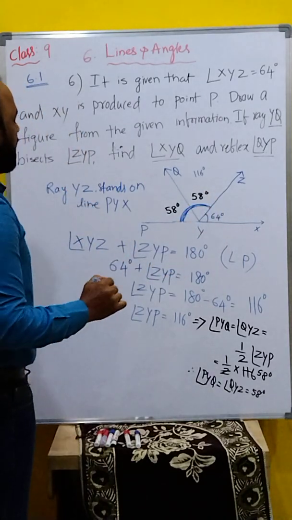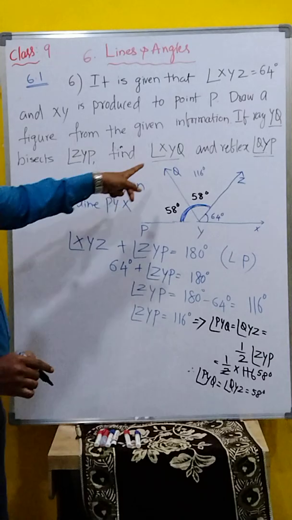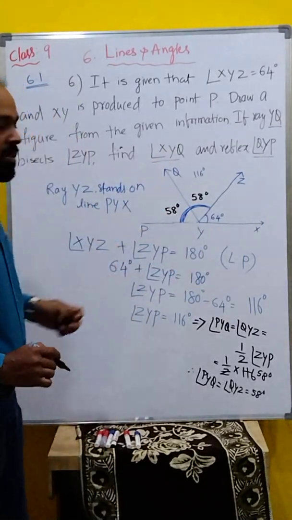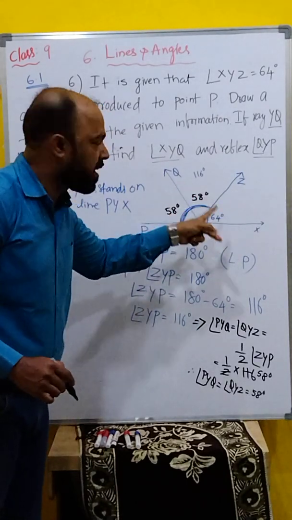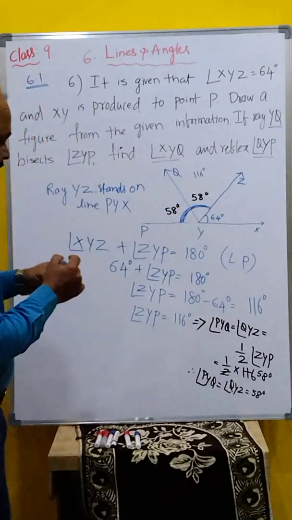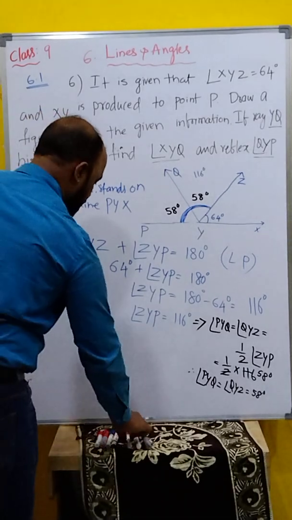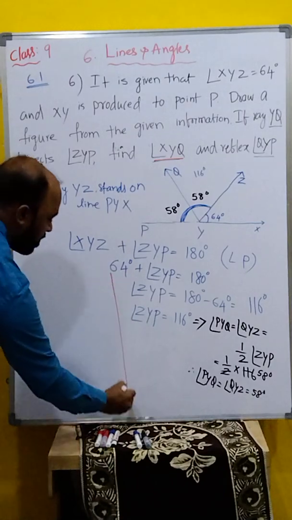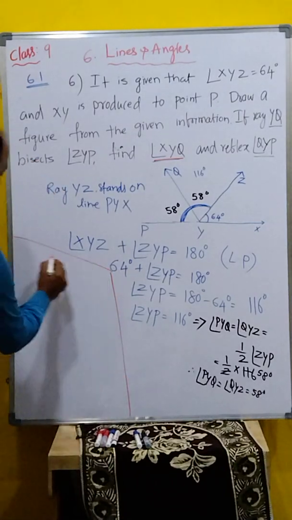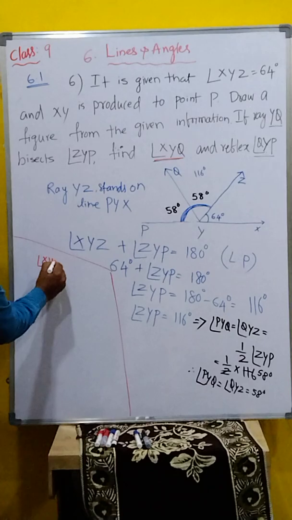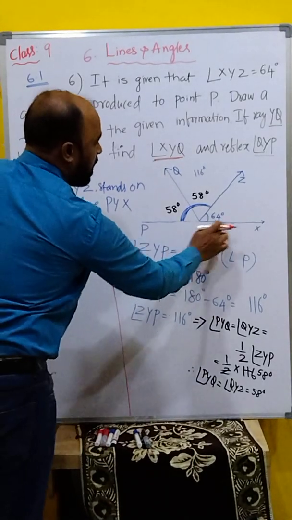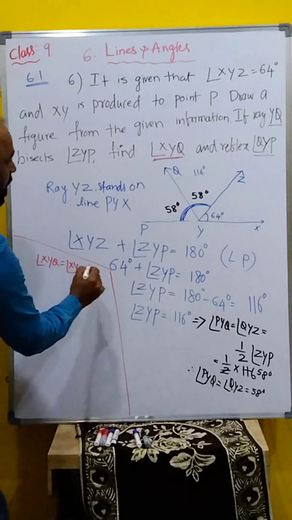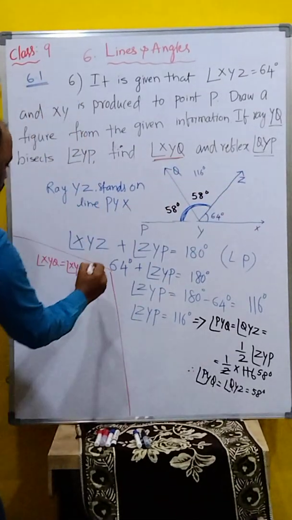Now that is completed. Then what is the question asking? Angle XYQ. Then the sum of two angles, 64 plus 58, and you will get it directly. Angle XYQ is equal to angle XYZ plus angle ZYQ.